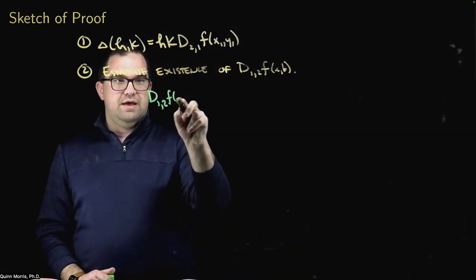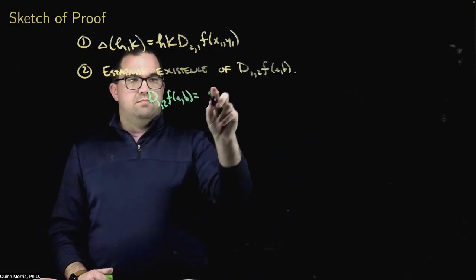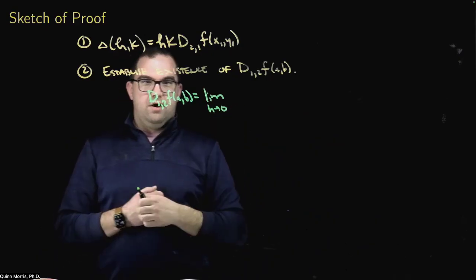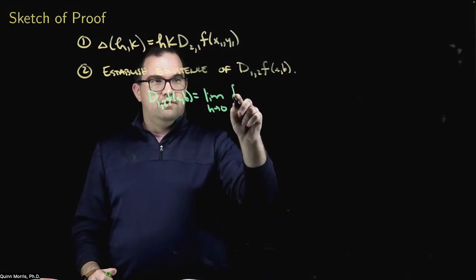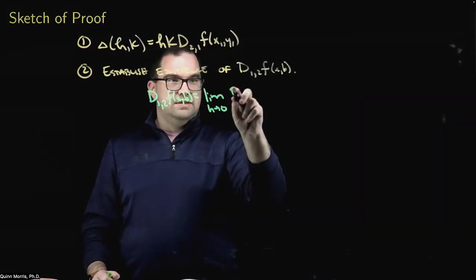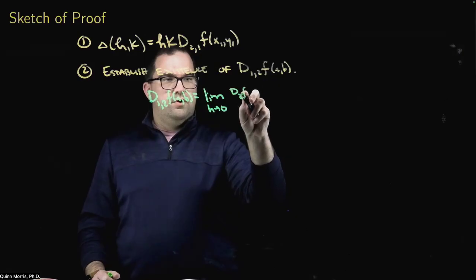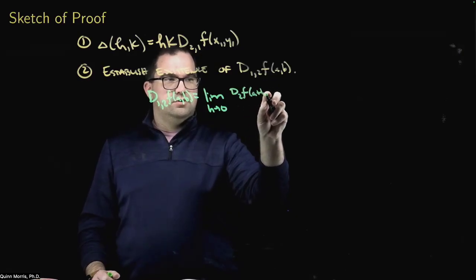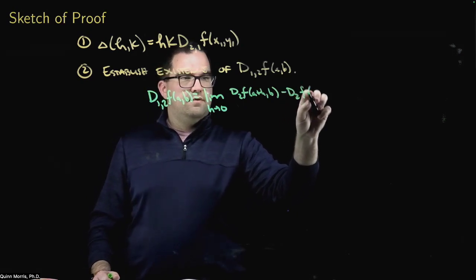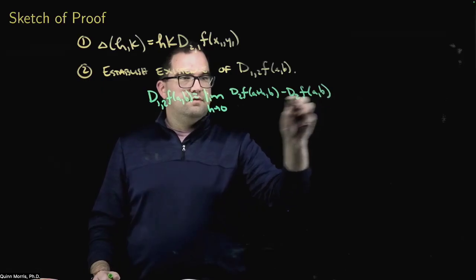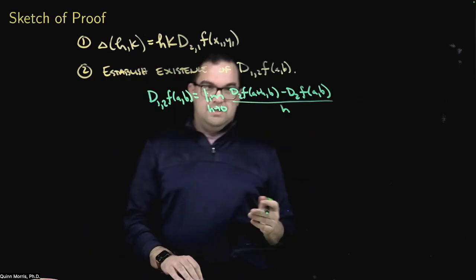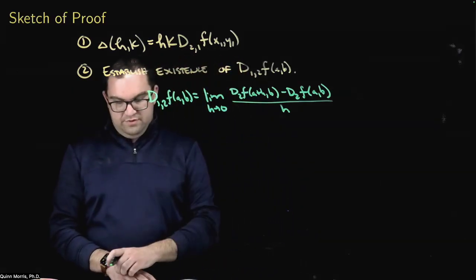D12 of F at AB, by definition, is the limit as H goes to 0 of D2 F of A plus H comma B minus D2 F of AB all over H. That's just the definition of the mixed partial derivative.